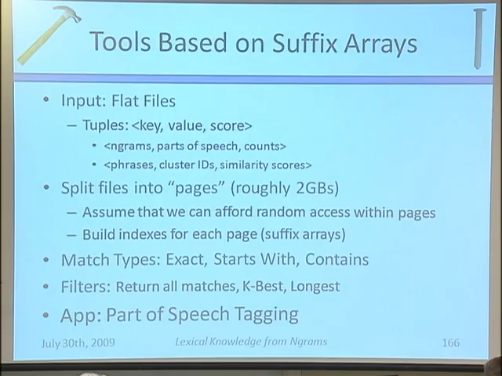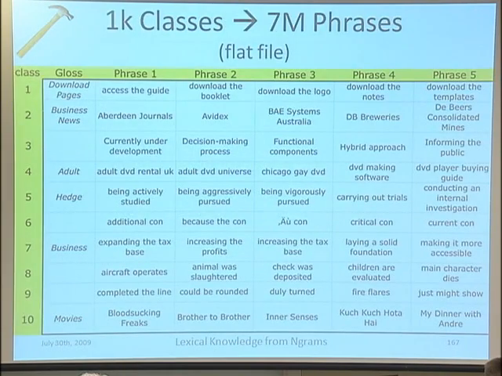I'll talk a little bit about a part-of-speech application that Emily talked about several weeks ago. This is an older version of the clustering file that we just heard about, in which there are exactly 1,000 classes, I think, and 7 million phrases. There aren't any glosses, but I added some just to give some sense of what I think they're about. There seems to be some method to the madness, and we saw in the earlier demo that there's something to this clustering.